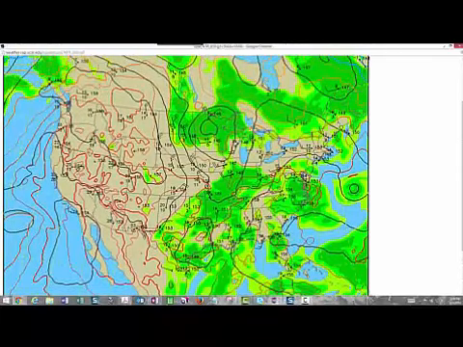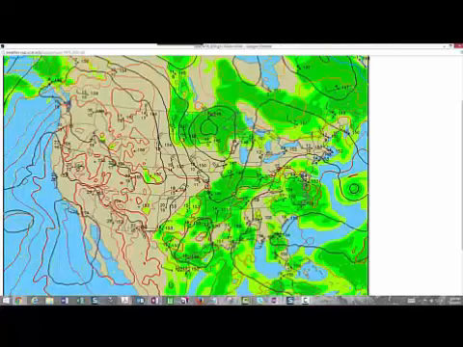So if I'm making a forecast for Des Moines for tomorrow, notice I have winds coming out of the northwest. See, this is a northwest wind at 25 knots. This is a northwest wind at 35 knots. So I've got a plume of moisture here, this deep green and this lighter colored green, coming in from the northwest.